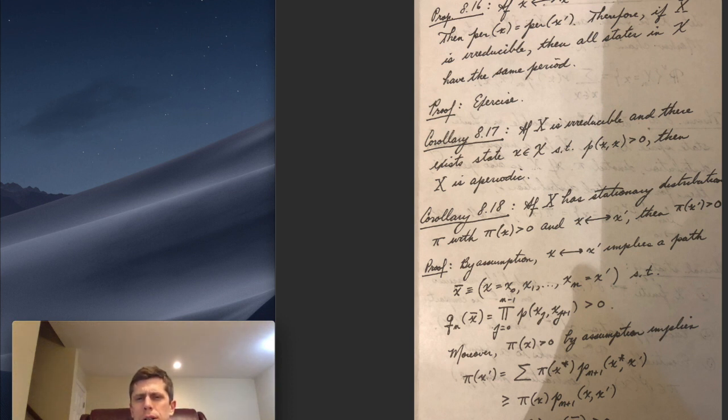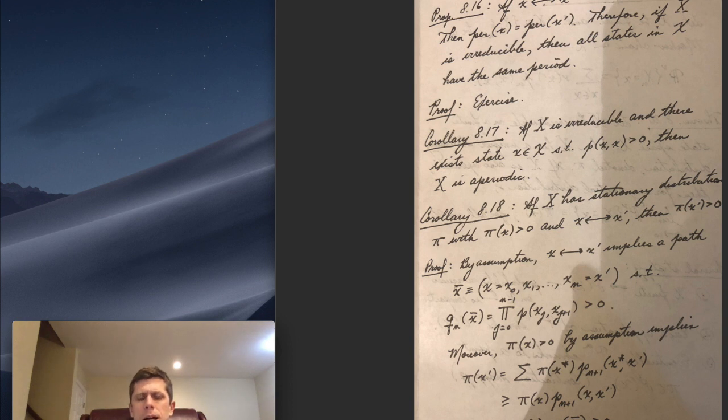The next corollary of this is that if π is a stationary distribution which assigns positive probability to state x, and if x and x prime communicate, then the stationary distribution must assign strictly positive probability to state x prime. The argument is pretty simple.